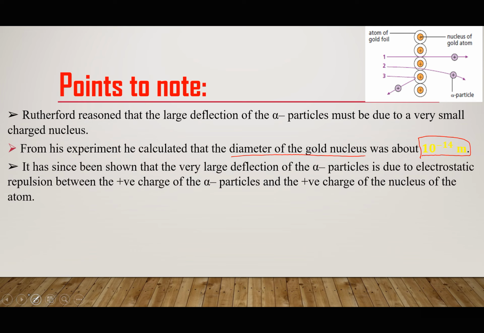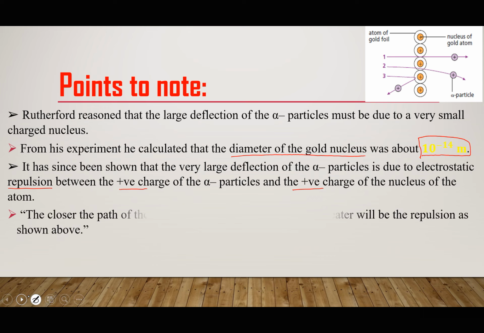It has since been shown that very large deflection of the alpha particles is due to electrostatic repulsion between the positive charge of the alpha particle and the positive charge of the nucleus. So the only way we explain the deviation from the original paths is due to repulsion between the positively charged alpha particle and the positive charge of the nucleus.